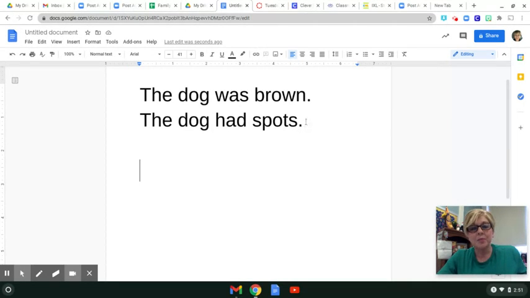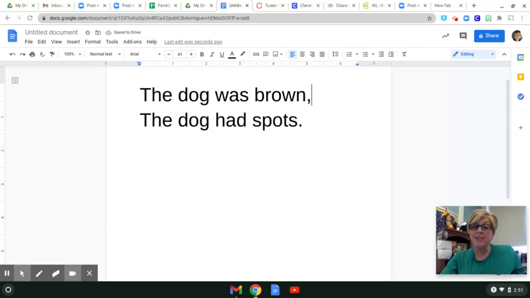A compound sentence can be connected, and in order to connect those two together, we have to do a couple of things. First of all, we're going to take away the first period, the first ending mark, and insert a comma there instead.